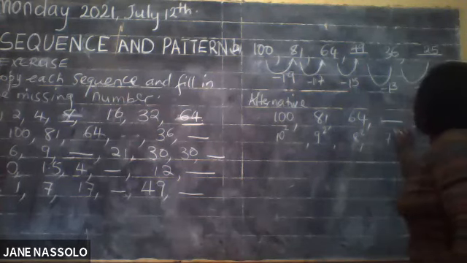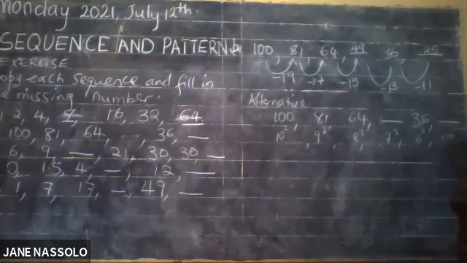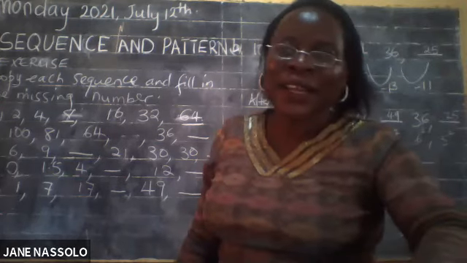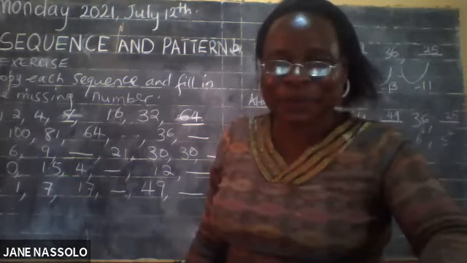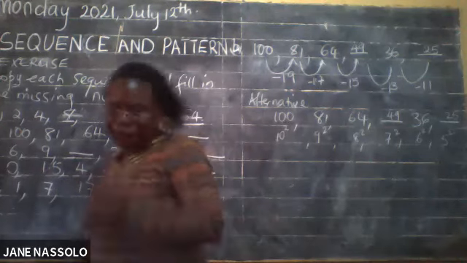Then we shall have the square of 7, the square of 6, the square of 5. Very good. So the square of 7 is 49. The square of 5 is 25. Asante sana. Thank you very much. So can you look at part C?